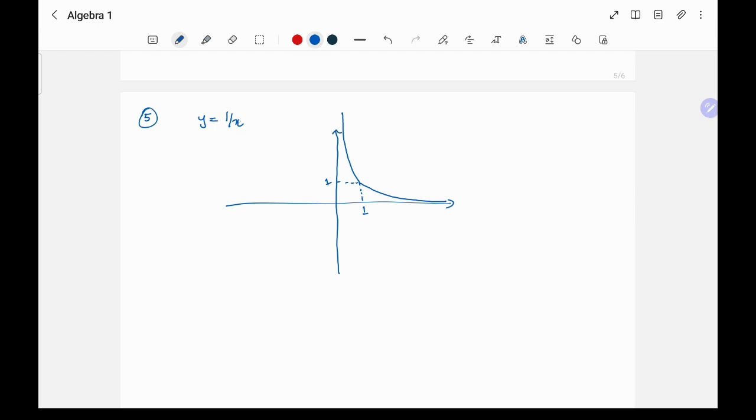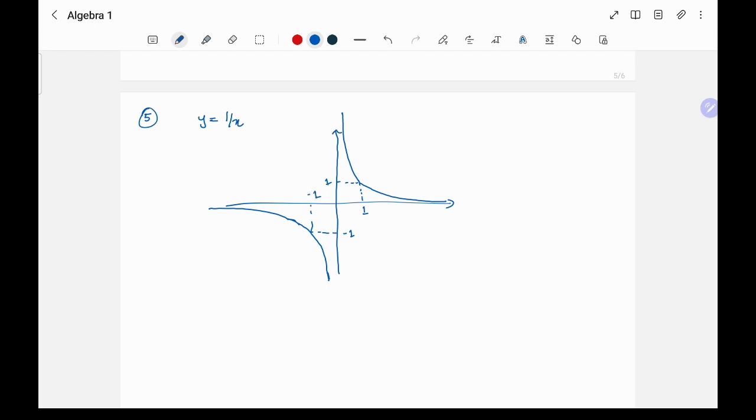Similarly, if x is negative, when x is tending to 0 from the negative side, y will tend to minus infinity. So it comes from here. And as x tends to minus infinity, again it goes to 0. So it is something like this. Again this point will be minus 1, minus 1.